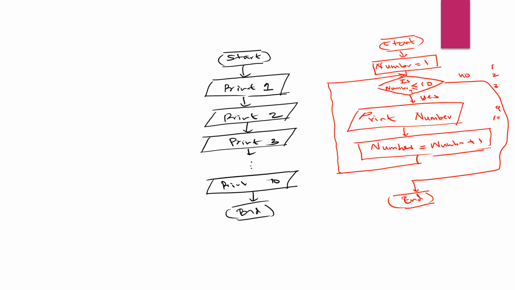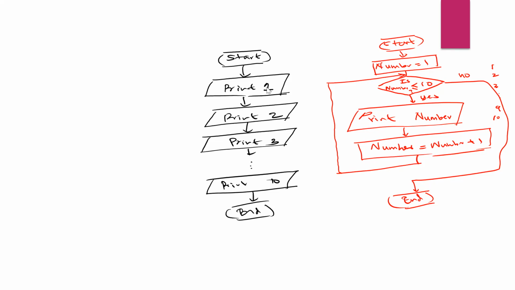If you ask me what the problem is: let's say I ask you to print numbers from 1 to 1000, you have to write 1000 statements. It's not going to work, right? So we need a more efficient, elegant way of printing numbers from 1 to 10.